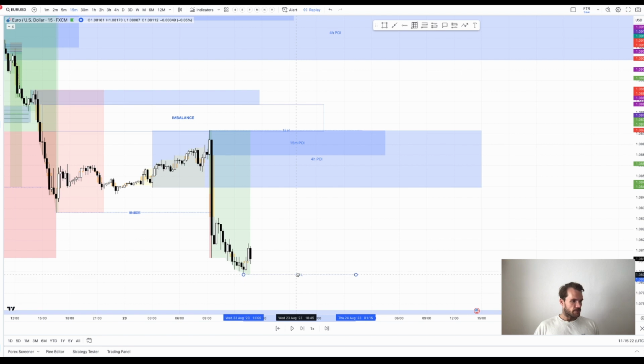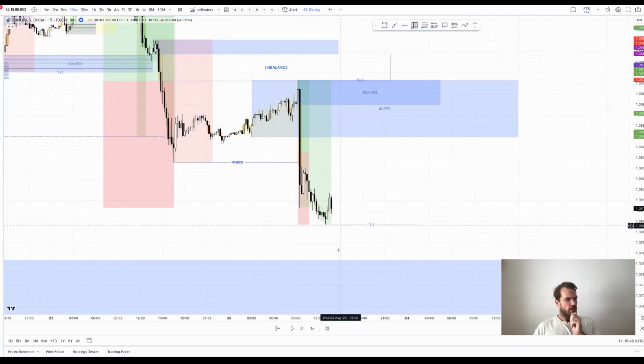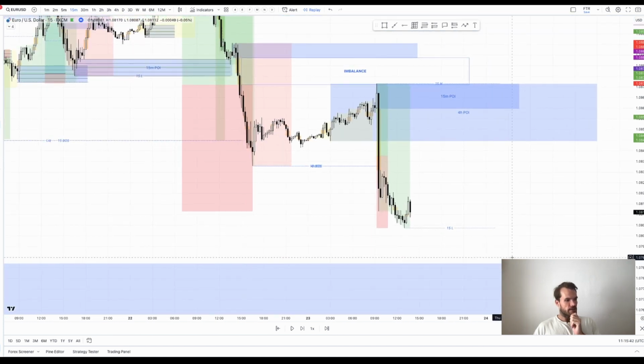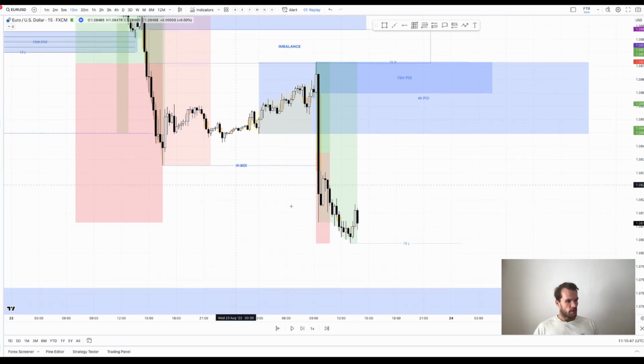We'd rather wait till we get a nice push up and then look for the rejection out of there. We're sitting just above a daily area here, so I'm not that excited about taking longs. Now there could potentially be a little minor chock in here, and then this is your order block.